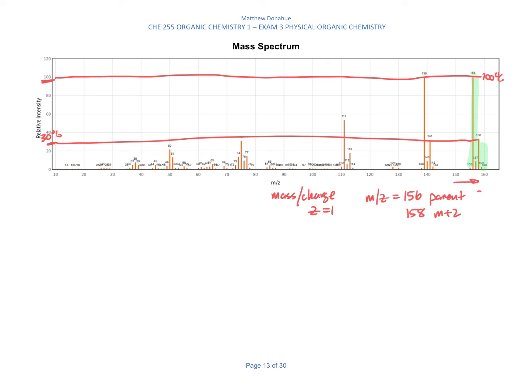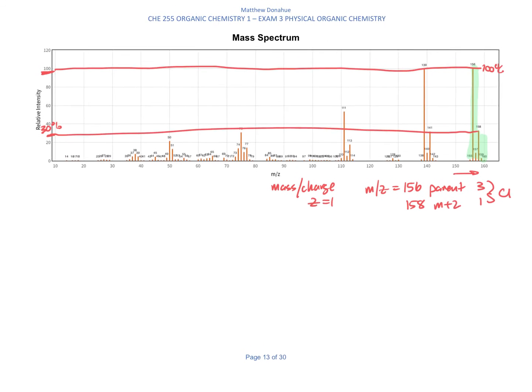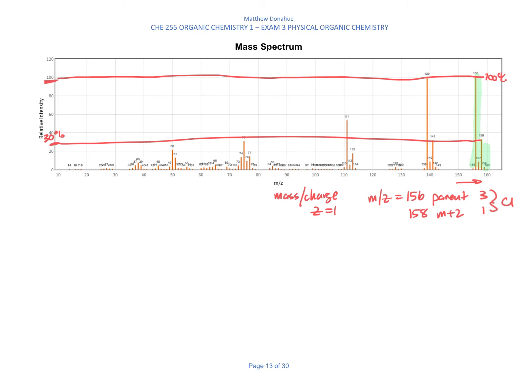You have about a 3 to 1 ratio, and that's telling you there's probably a chlorine. It's not bromine because that M to M plus 2 is not 1 to 1. It's about 3 to 1. Because this is even, there's no nitrogen, or no odd number of nitrogens. Could be an even number of nitrogens, but we're just going to assume there's no nitrogens.